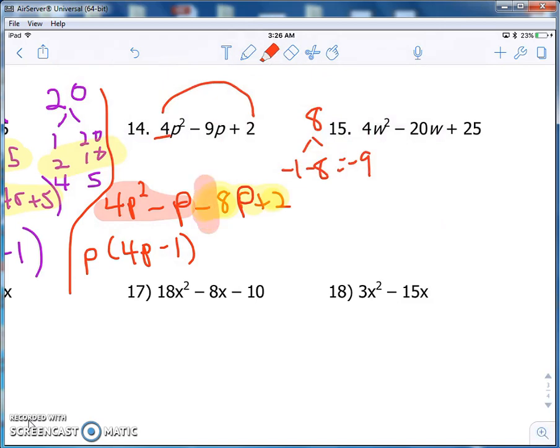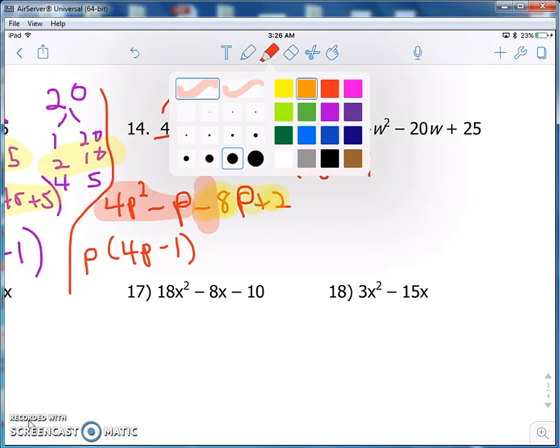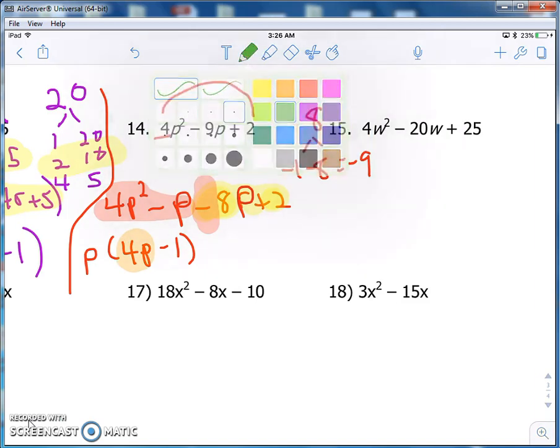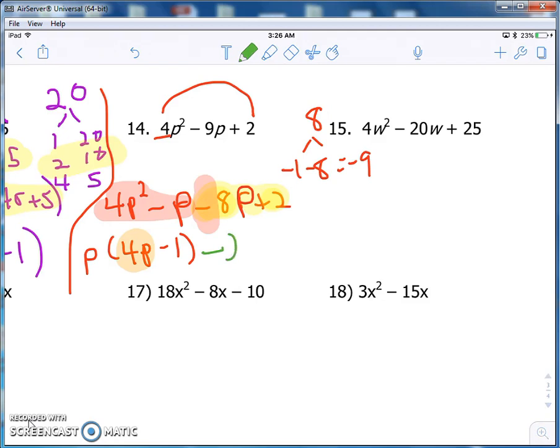This is a negative. That's going to be an issue for us. Because I want a positive 4p squared here, I need to factor out a negative. So I'm going to bring out a negative 2. And when I divide these by negative 2, negative 8 divided by negative 2 gives me positive 4p. Positive 2 divided by negative 2 gives me negative 1.